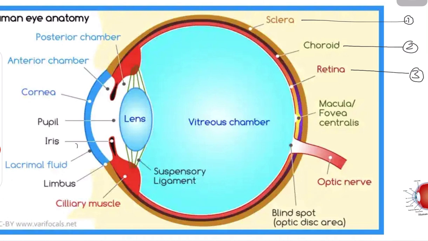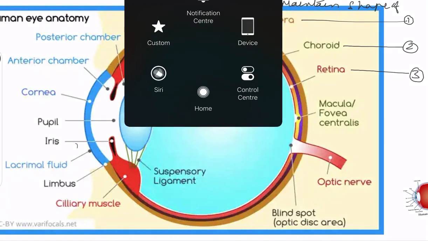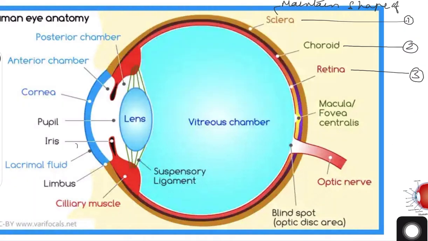Now the sclera has a function to maintain the shape of the eyeball. Then you have the middle layer, which is called your choroid.